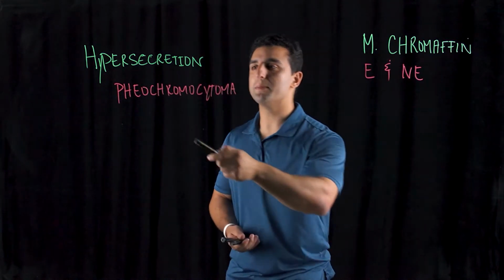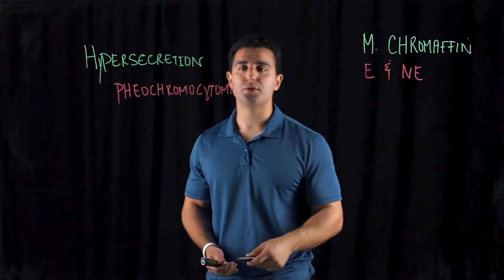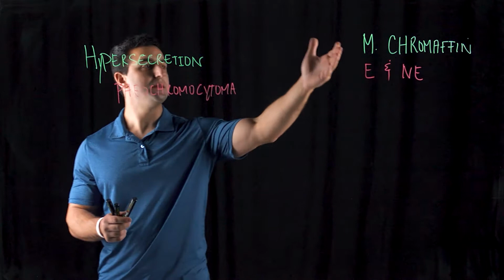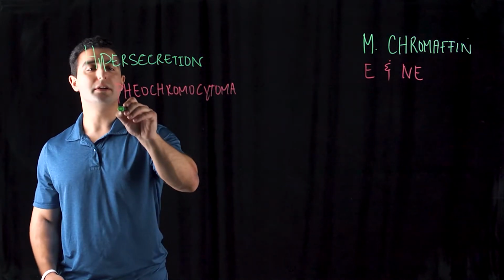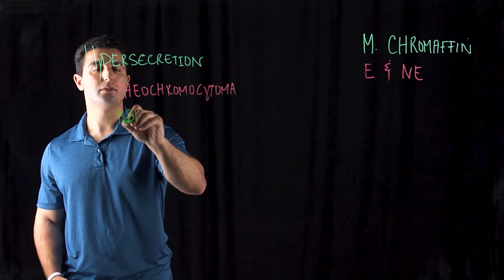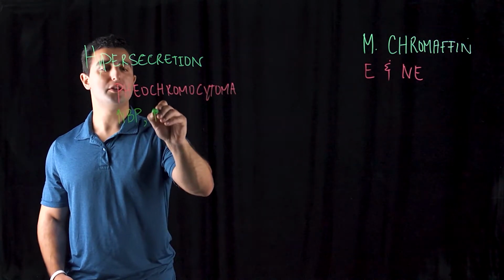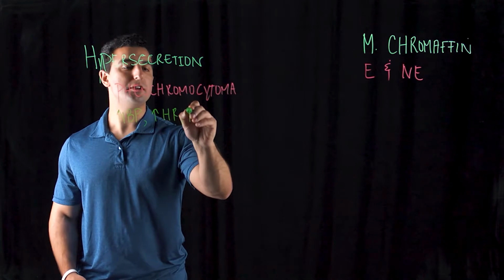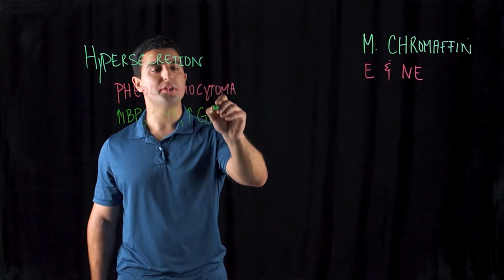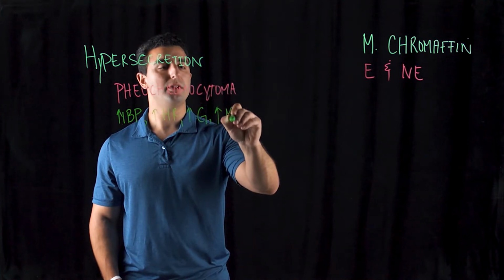What would you notice about patients with pheochromocytoma? These patients would exhibit high sympathetic activity: increased blood pressure, increased heart rate, increased glucose levels so sugar goes up, and an increased metabolic rate.